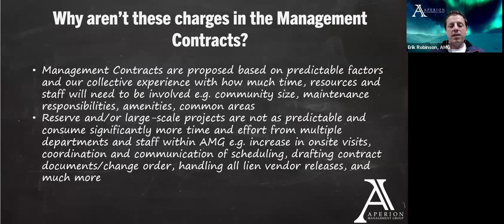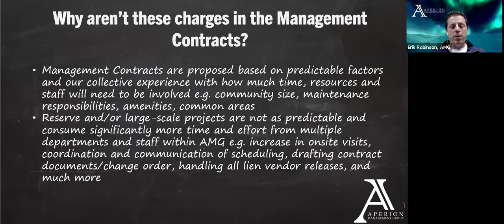So we're looking at things like how big is your community? What do the governing documents say your maintenance responsibilities are? What different amenities exist in your community? Is there a pool? Are there playgrounds and parks? Is there just a field? Is there not a whole lot, right? What do your common areas consist of?